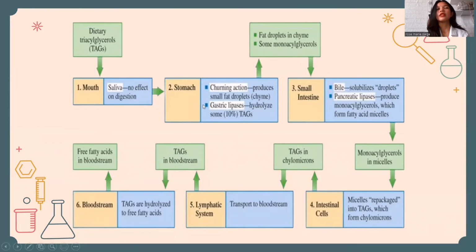Here's the second: stomach churning action produces small fat droplets or chyme. Second, the gastric lipases hydrolyze some 10% of TAGs. So the highly acidic environment of the stomach activates the lingual lipase enzymes, which are also joined by gastric lipase, enzymes released by chief cells in the stomach.